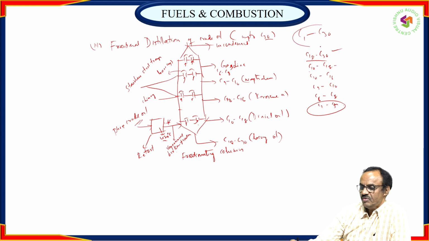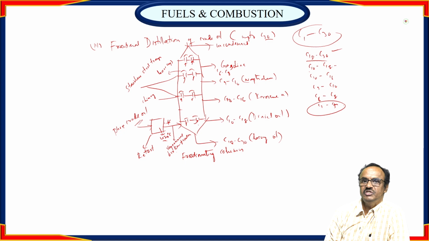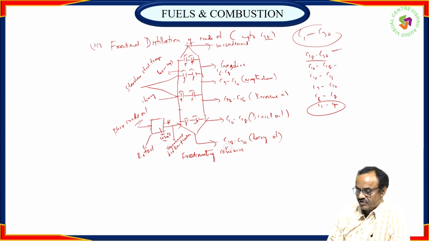The crude oil is composed of a long main chain of up to 30 carbons, which breaks into smaller fractions. When you pass these vaporized, broken smaller fractions into the column, condensation takes place, depending on their molecular weight.